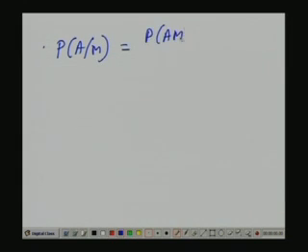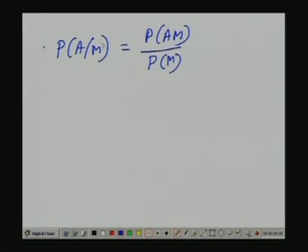Okay. First, P(A/M), this was P(AM) divided by P(M). Now both these probabilities are non-negative, and I am of course assuming that P(M) is non-zero, because M is not an empty event.